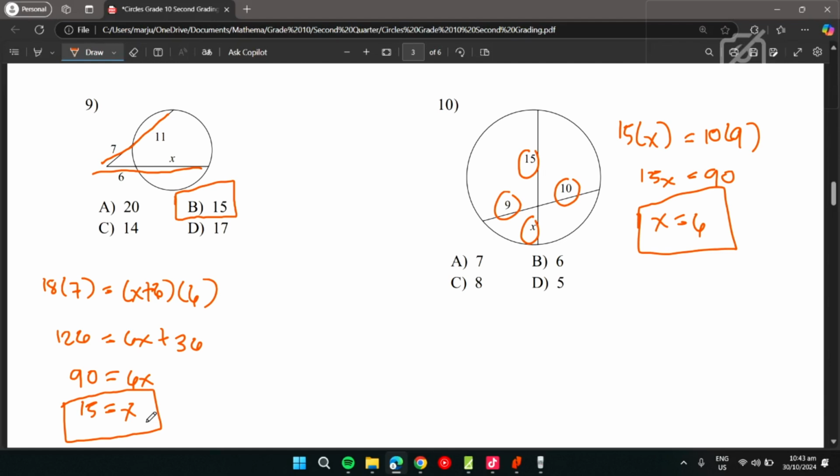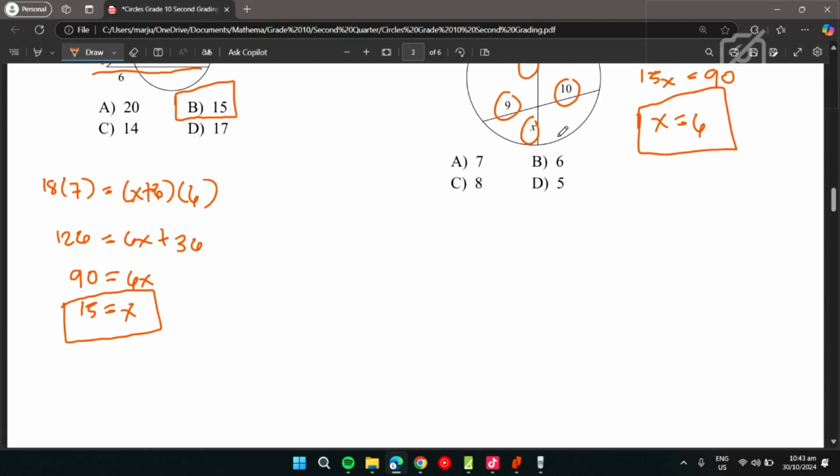Questions before we proceed with number 11 and 12? Actually, I only have 12 items for this. And then, wala na. Ano yung next natin? Do you want us to go back dun sa mga arcs? Central angle? After this? Circles po. This is yung theorem on circles sa secant.